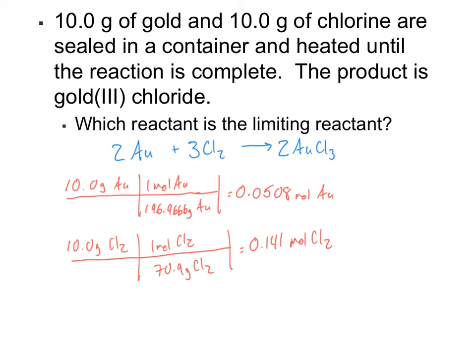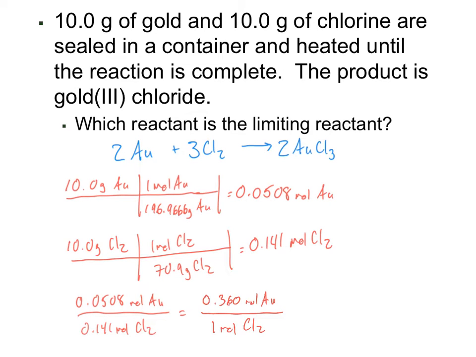And now we want to go ahead and divide those amounts by each other. Which gives us a ratio of starting with 0.360 moles of gold per every 1 mole of Cl2.